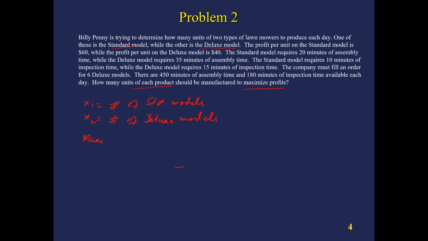We say maximize z is equal to how much the profit is bringing. The profit per unit on the standard model is 60 and the profit on the deluxe model is 40. So 60 x1 plus 40 x2.